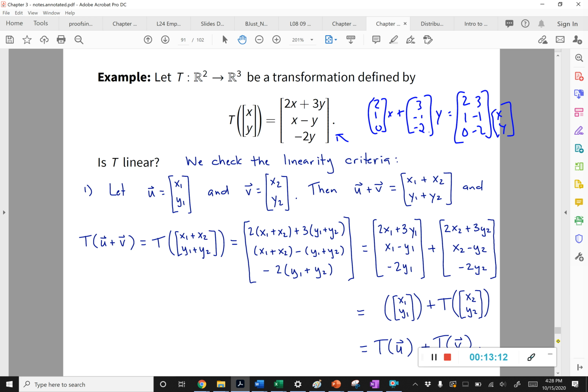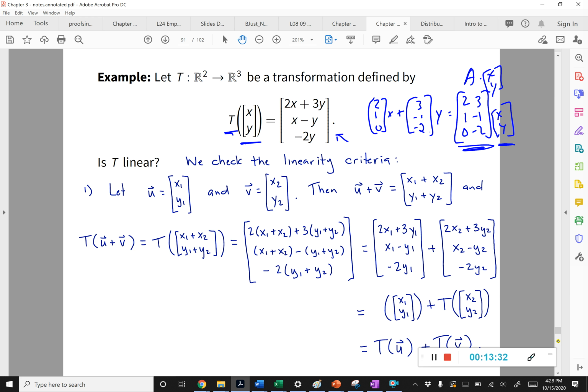So we can rewrite that T of (x, y) is the same as just multiplying that matrix times (x, y). So T of (x, y) is the same as some matrix times (x, y). So it's a linear transformation.